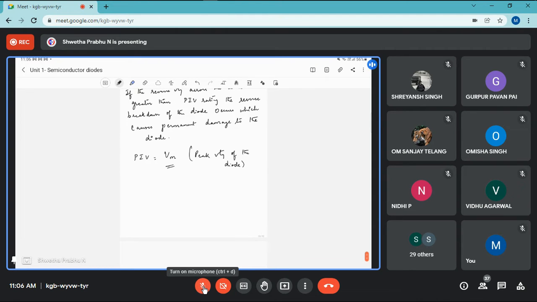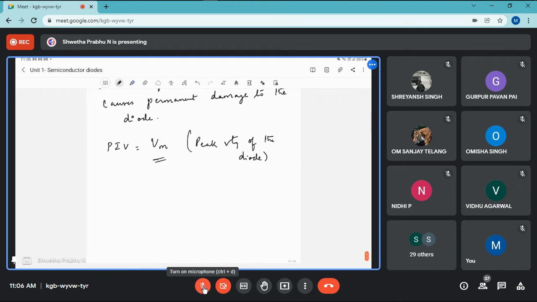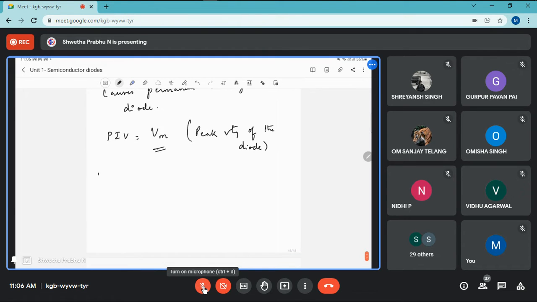We shall solve a few tutorial questions on rectifier. Take down the first question. Better I'll write the question. A 110 volts, 60 hertz AC mains supply is connected to a full wave bridge rectifier through a 10:1 transformer.